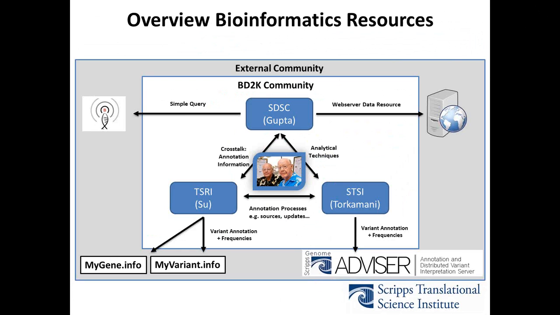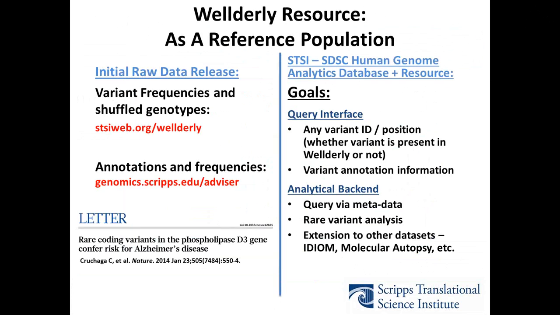We could build a beacon for this web server, and the other thing coming out of the SDSC collaboration is a web server for query of the Wellderly data at the aggregated variant level, similar to the exome sequencing server, if you're familiar with that. So I sort of talked about this already.